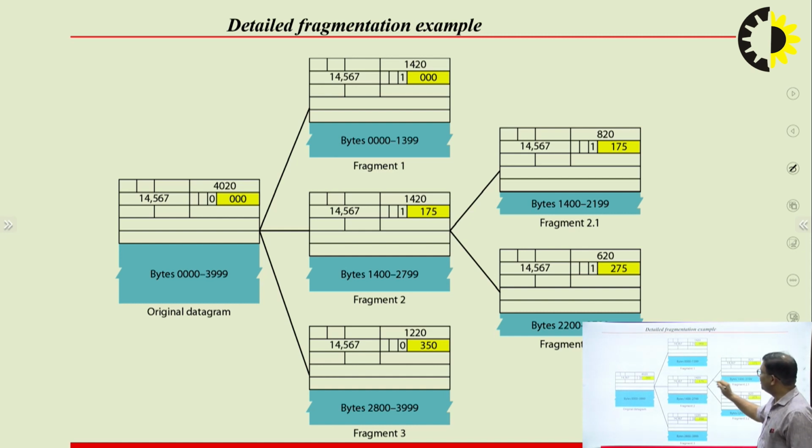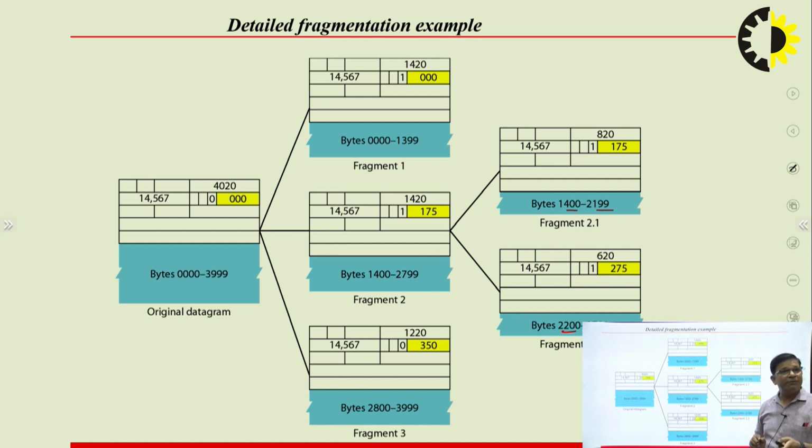If the maximum fragment size in this question is 800, then the 1400-byte fragment is split into 800 and 600, each with a 20-byte header. The bytes run from 1400 to 2199 and 2200 to 2799.